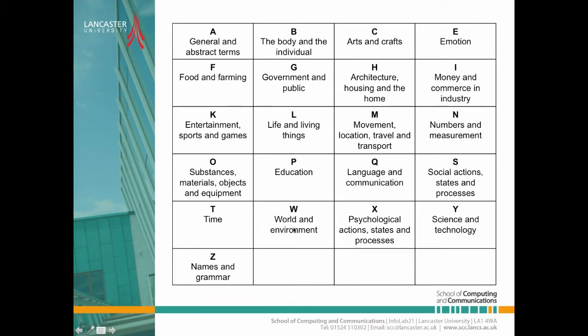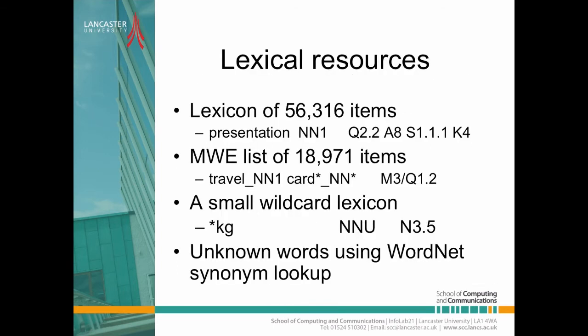These 21 major semantic categories, picking out education before, but also government and public. So every word or every phrase in the text we want to assign into one of these 21 major categories, and underneath this top level we also have 232 subcategories, and I'll show you some examples here.